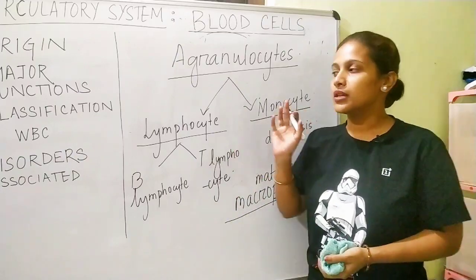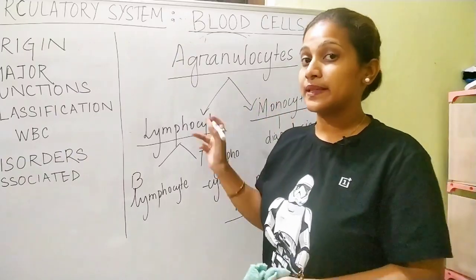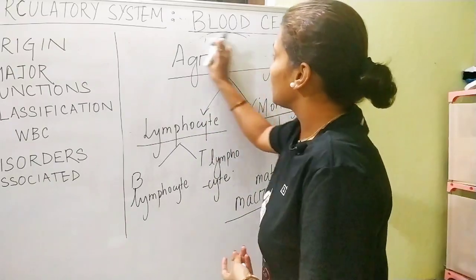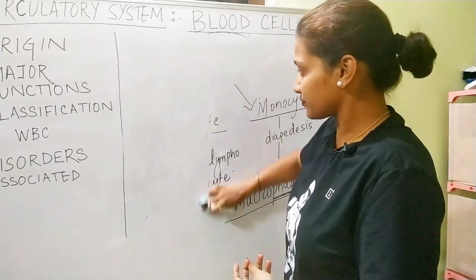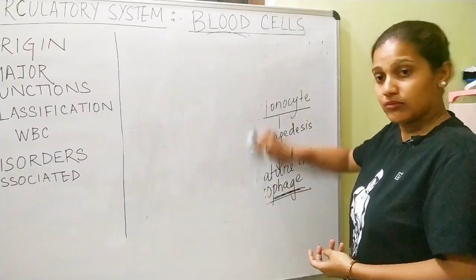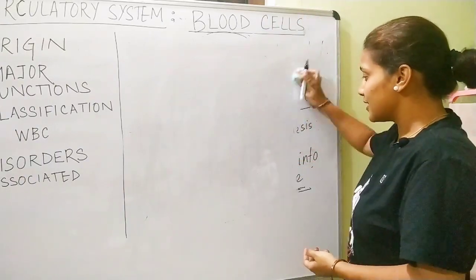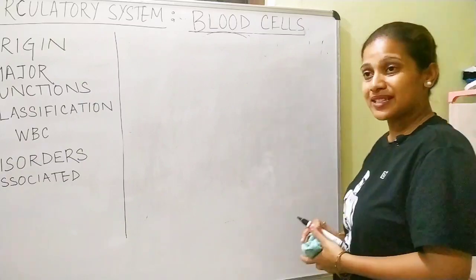Now coming to the disorders of WBC. I hope you remember that word I used, penia, erythropenia, that is a reduced number of RBC.